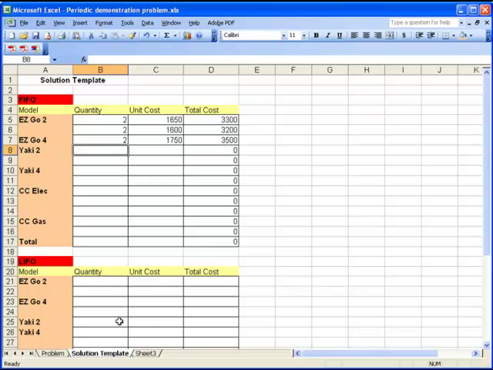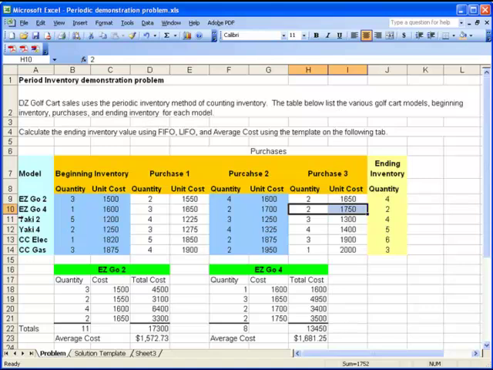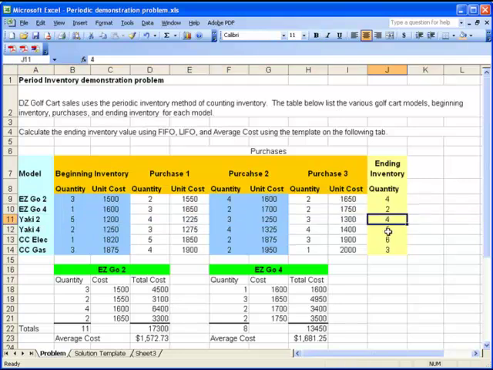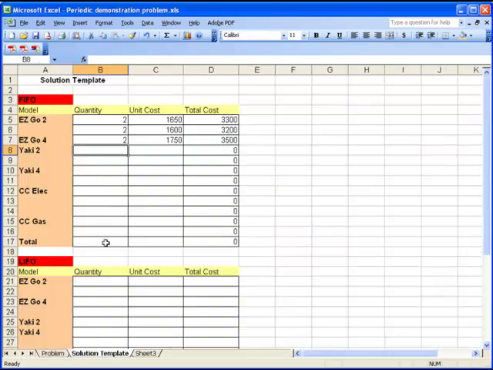For the Yaki 2, we started with 5, bought 4, bought 3 more, bought 3 more, and now after a physical count we have 4 units. The first ones have been sold, so the ones that remain are 3 at $1,300 and 1 at $1,250.